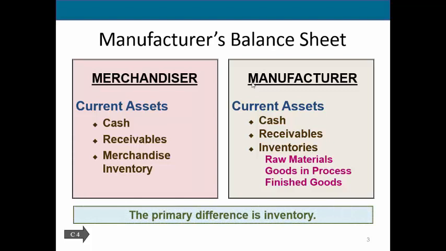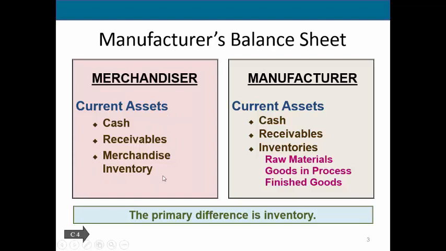So when we talk about a manufacturer's balance sheet, we're going to be adding some information when we talk about inventories. If you'll remember, when we talked about merchandisers, and again, you didn't specify that it was a merchandiser in Accounting 101, but the basic balance sheet that you learned for current assets, you had your cash, receivables, and your inventory.